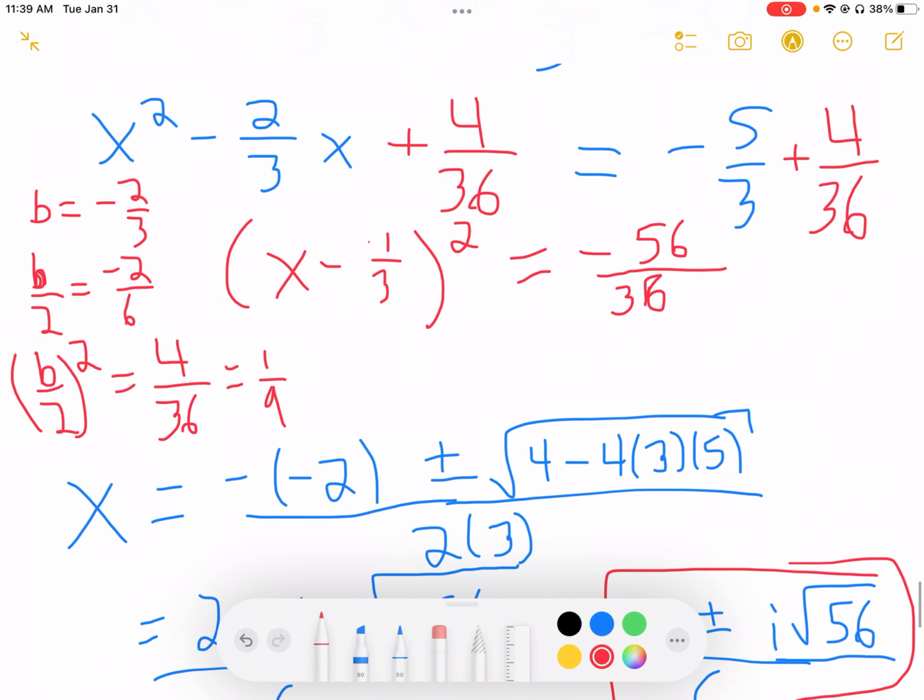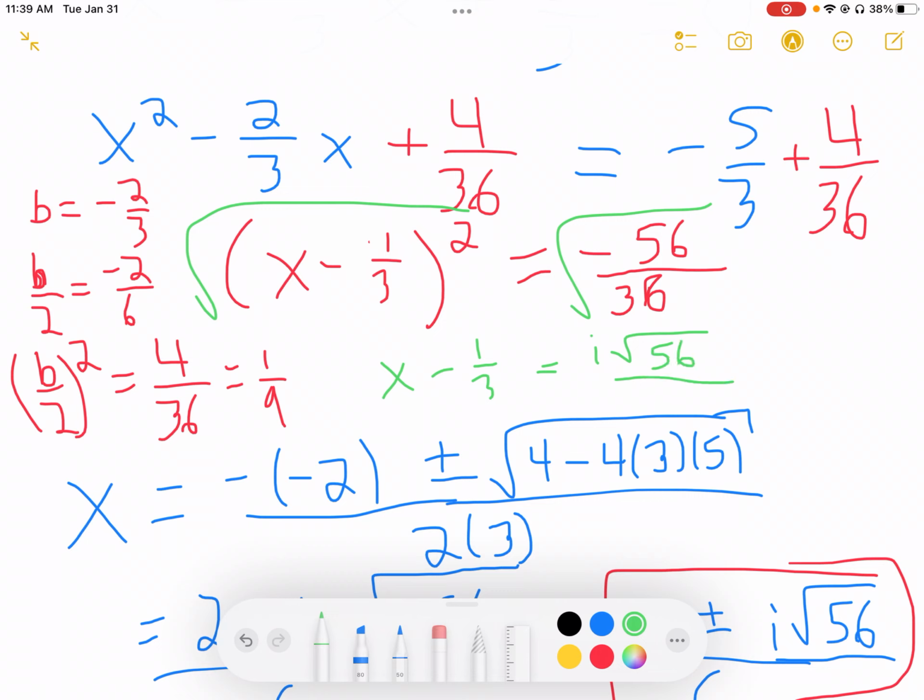So then when I solve this, okay, what do we do before? We said, hey, take the square root of this, take the square root of this, and then we have x minus 1/3 equals, and then I'd simplify this and I'd say it's the square root of 56 over 6.